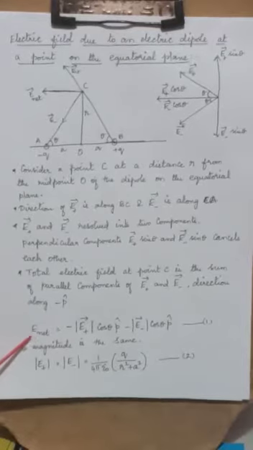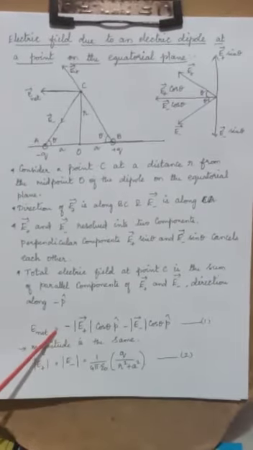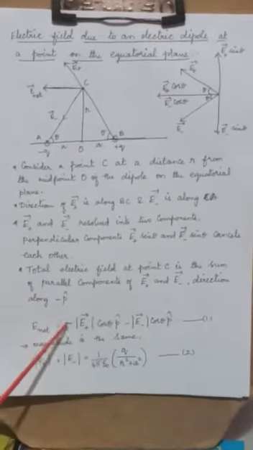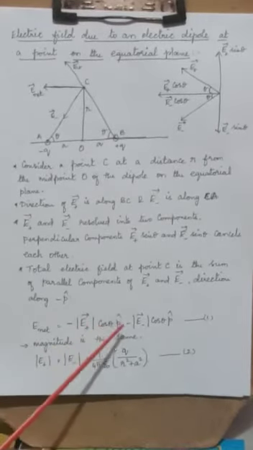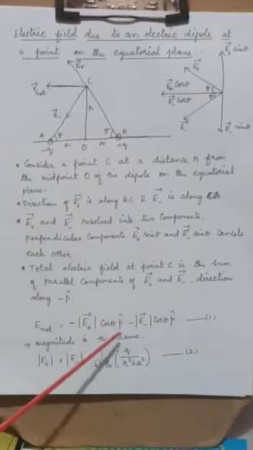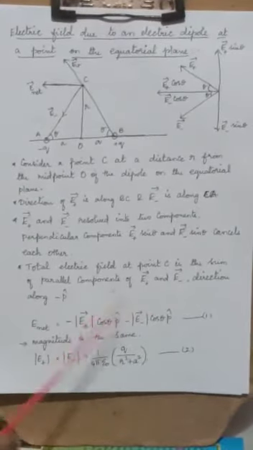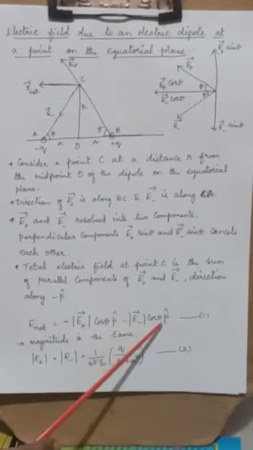So I need to find E net, the electric field, which is minus of E plus cos theta, and whenever you have a dipole, you have a dipole moment vector. This is a unit vector, not the general vector, minus E minus cos theta.